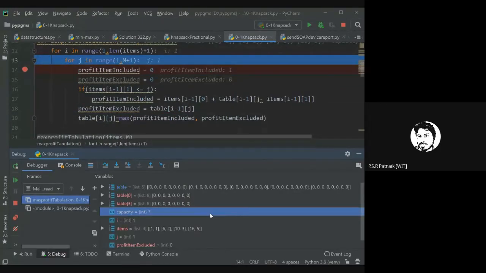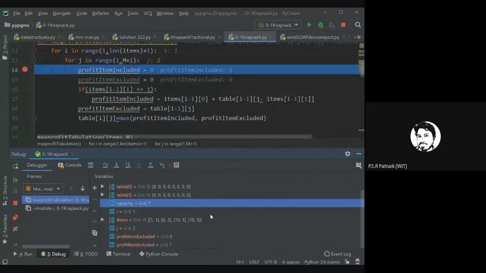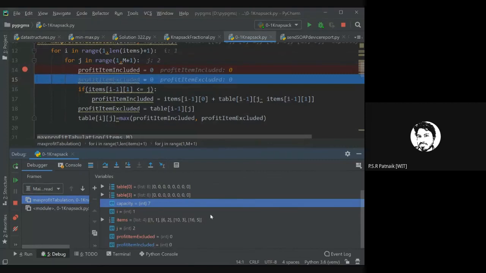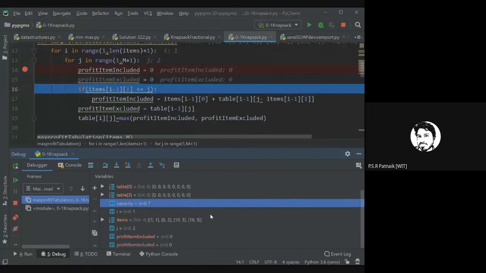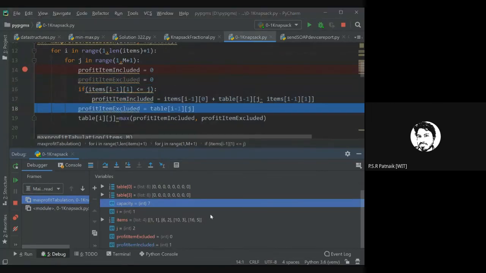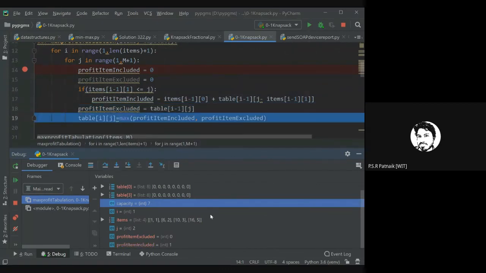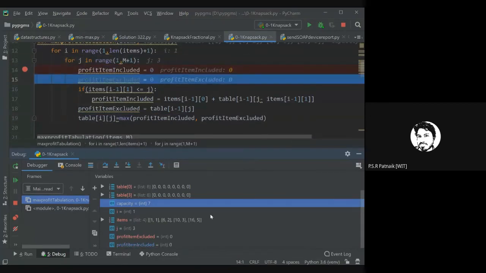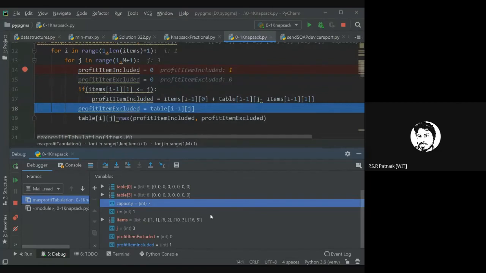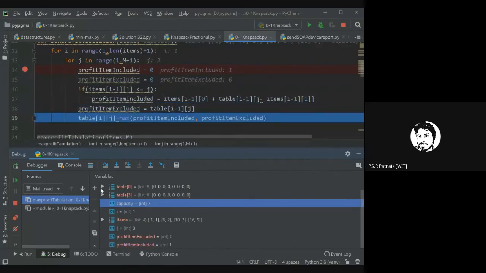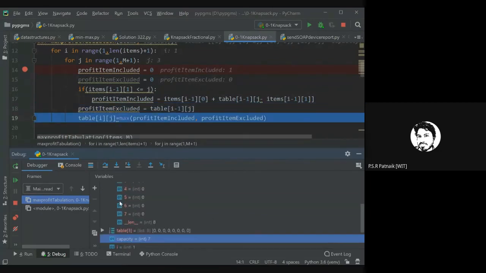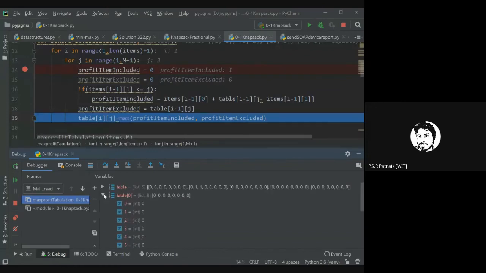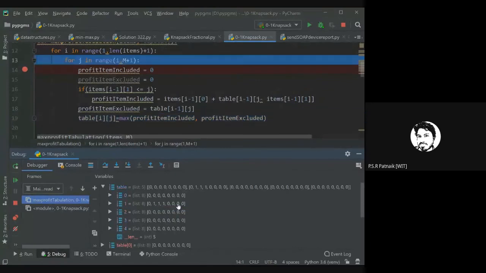okay, so 1, it included, so 1, okay, it included is equal to, okay, so now you can see here it is working.